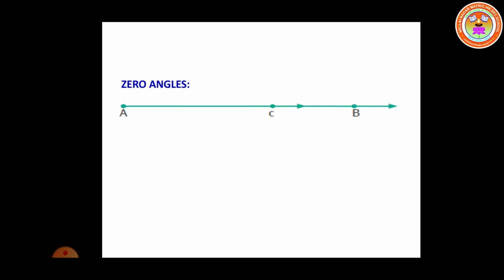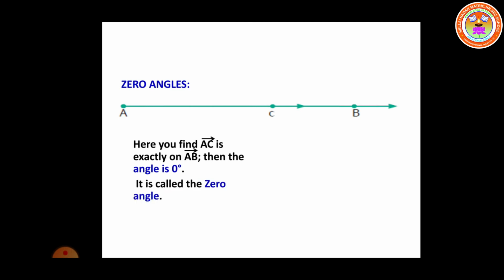Zero angles. See the given diagram. Here you find the ray AC and the ray AB. See, the ray AC is exactly on the ray AB. Therefore, the angle is what? 0°. So, this is called a zero angle.